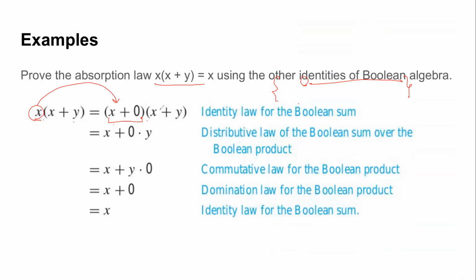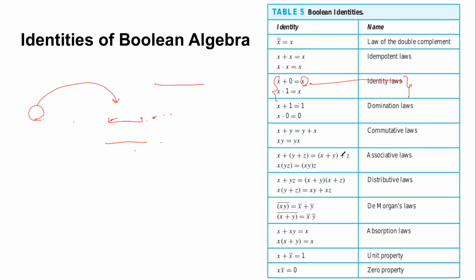Now I have two Boolean sums joined by a Boolean product, right? Here I can use the distributive property because x is common in both. I can distribute the Boolean sum over the Boolean product and write it in its condensed form as follows. Now we have an identity that any expression Boolean product with 0 is 0.